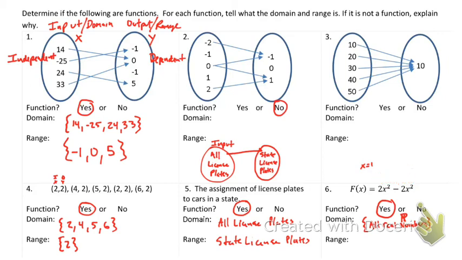So if I plug in 3, so 2 times 3 to the second minus 2 times 3 to the second. 3 to the second is 9. 9 times 2 is 18. 3 to the second is 9. 9 times 2 is 18. 18 minus 18 is 0. And what you notice is I get 0 again.